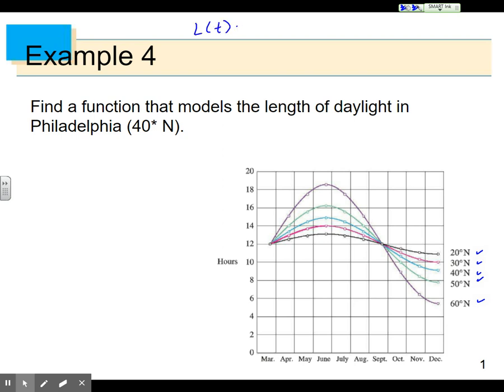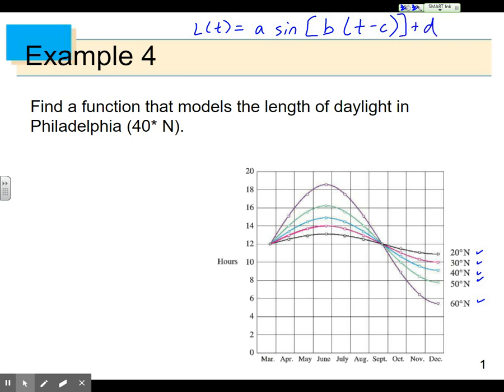Length of day by time is going to be, let's see, the amplitude times sine of B(T minus C) plus D. I'm thinking, man, this guy's using way too many variables.